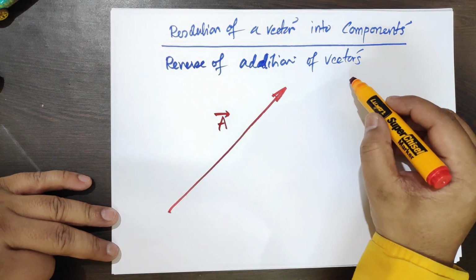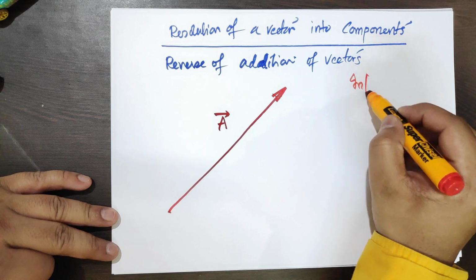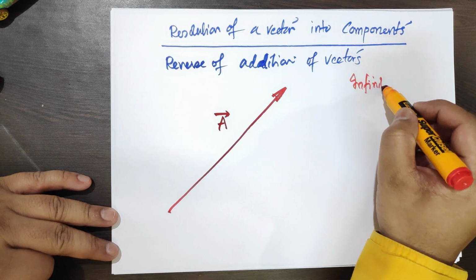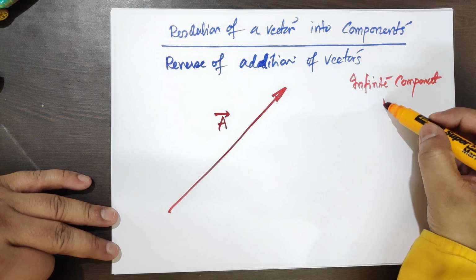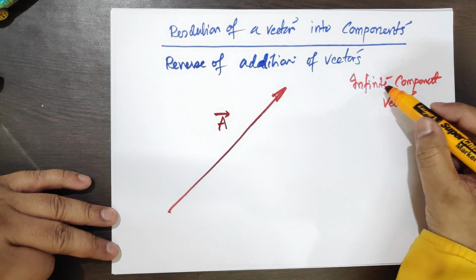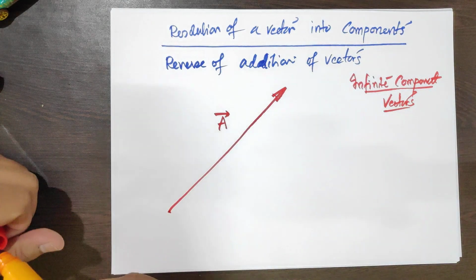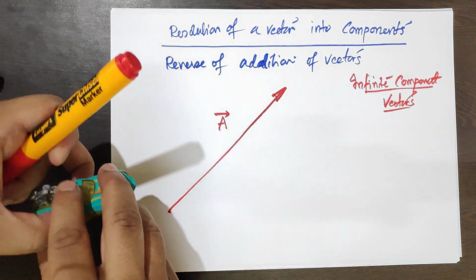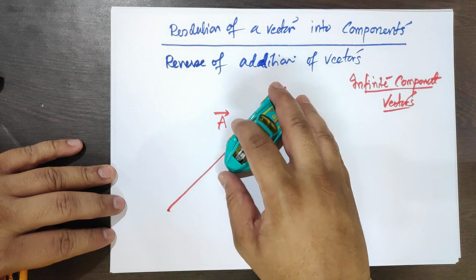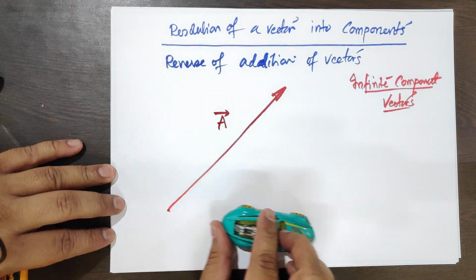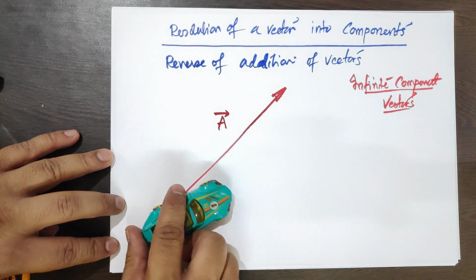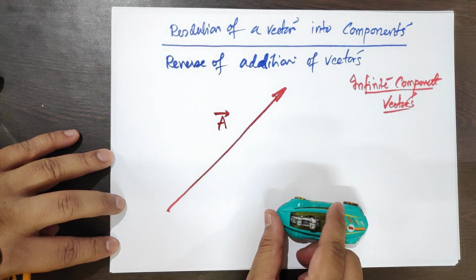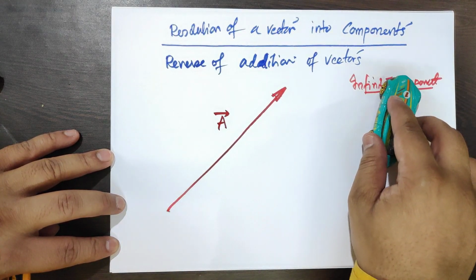So they are infinite vectors, right? Infinite component vectors. That means in infinite ways the car can reach from here to here. Say it can go like this, here and then here. So it has two components now. Or it can go like this, this, this and this.